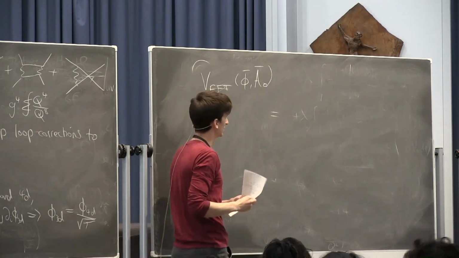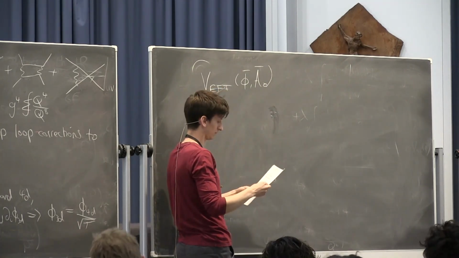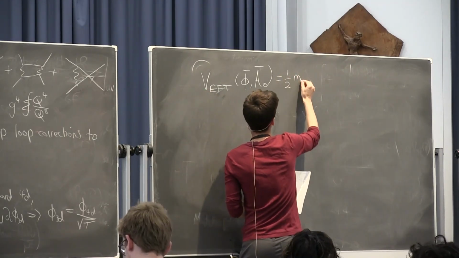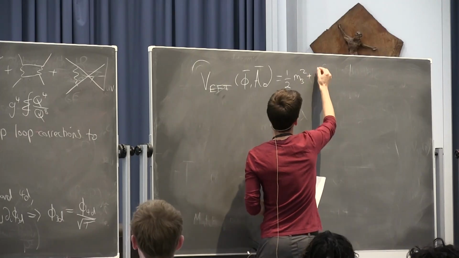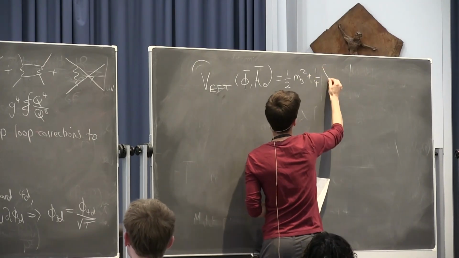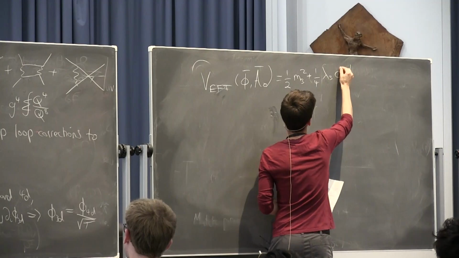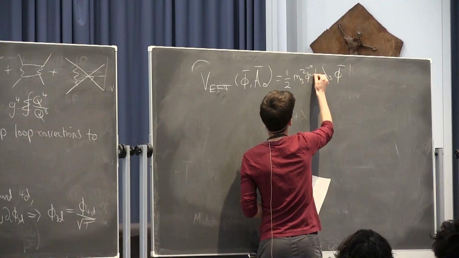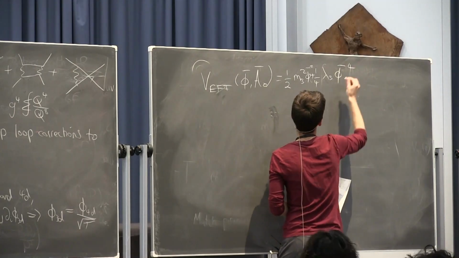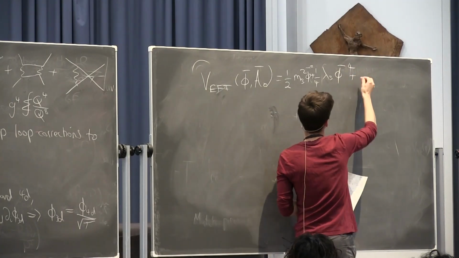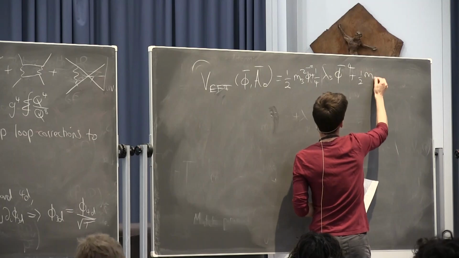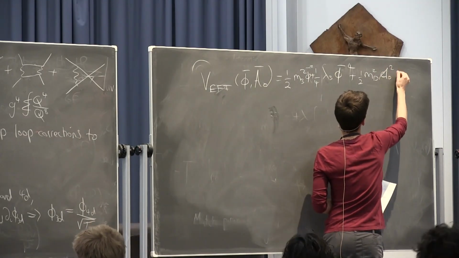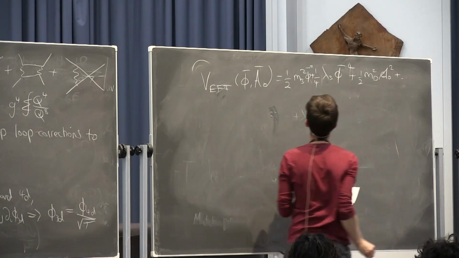These are the background values, which looks like half m3 squared plus quarter lambda 3 phi bar squared plus phi bar to the 4 plus half md squared a naught squared plus, I won't write the rest.